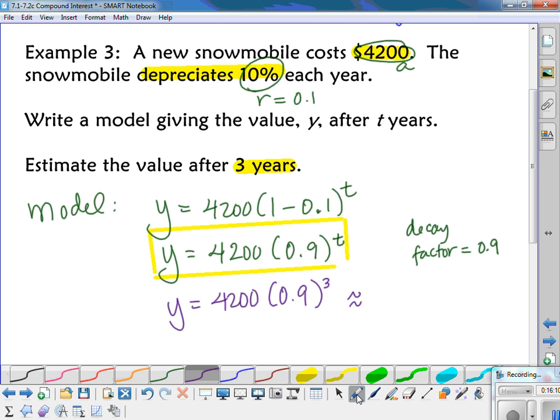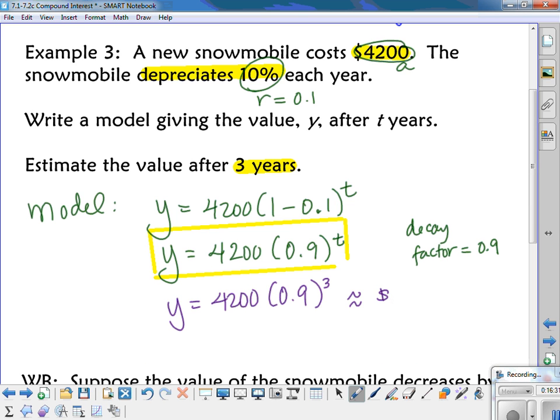Anybody want to volunteer and tell me what they got? Leah, did you do that? That's correct, $3,061.80.